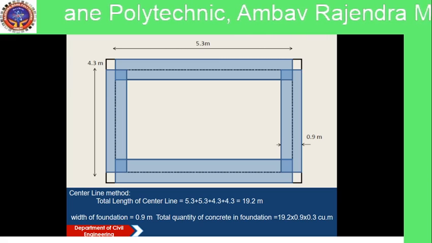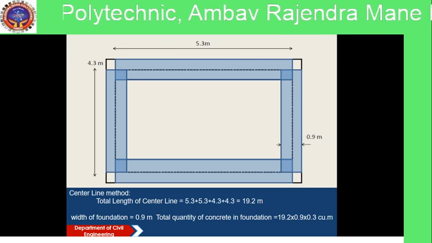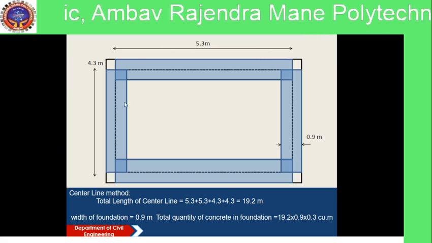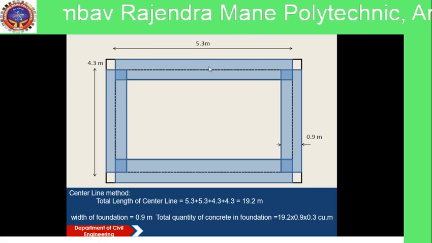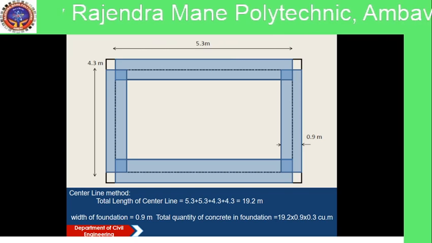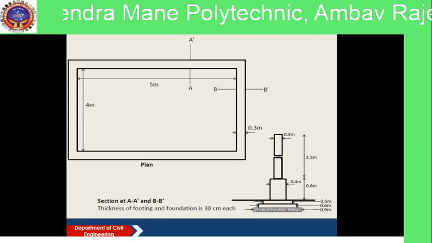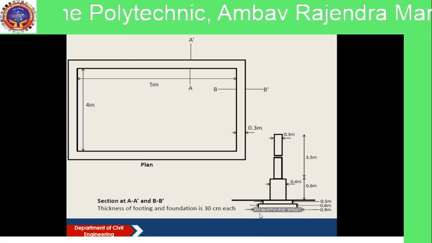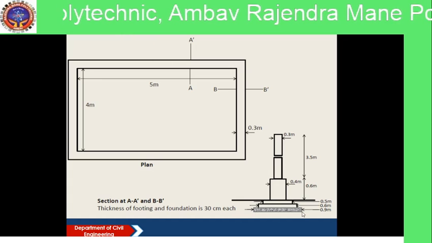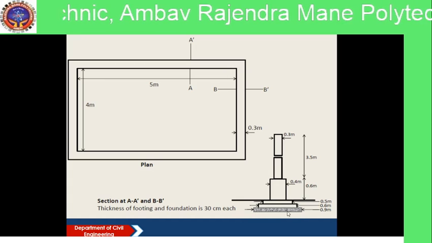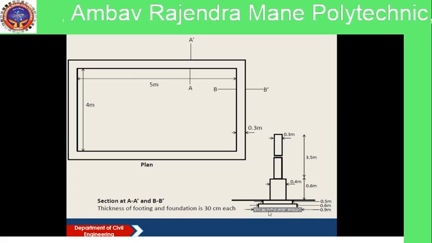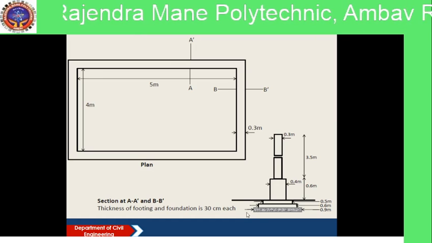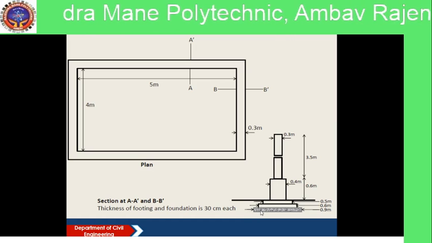So it is equal to 5.184 cubic meter, the quantity of concrete for foundation, with 0.9 meter width and 0.3 meter, 30 centimeter, thickness.